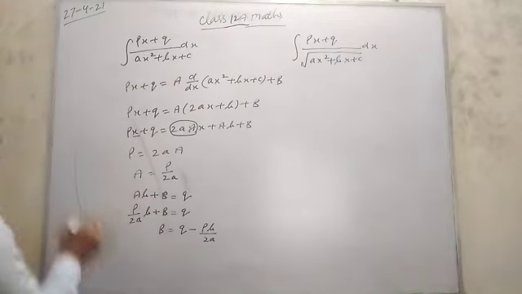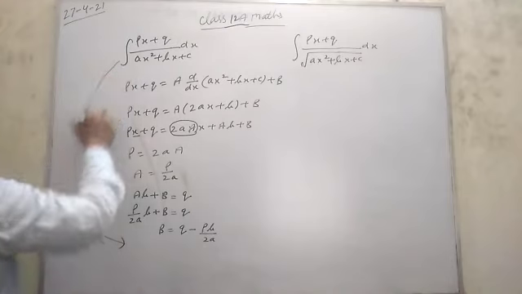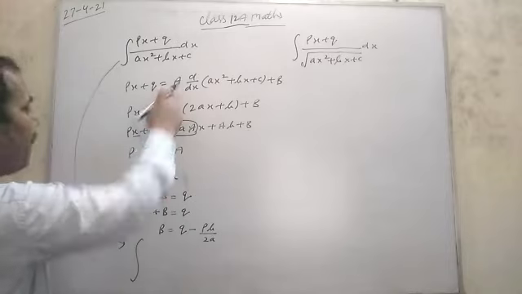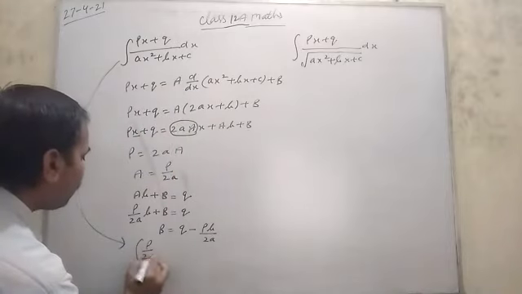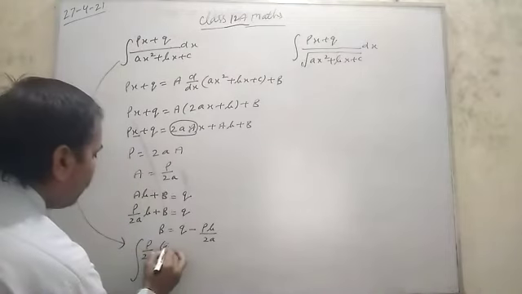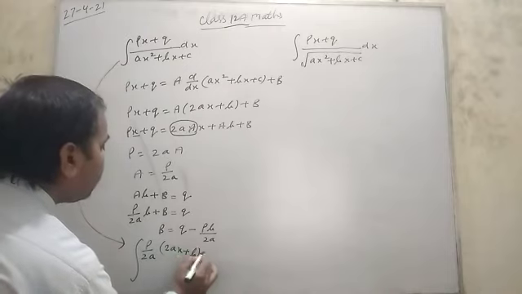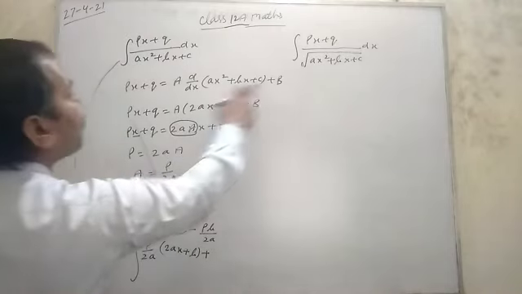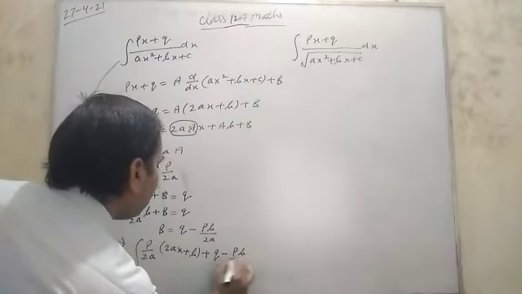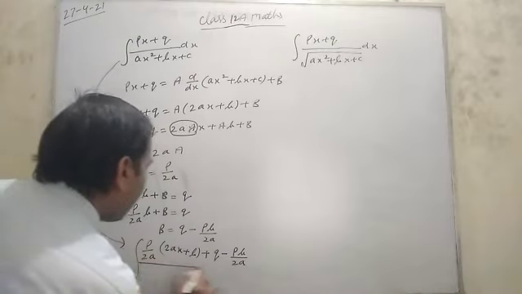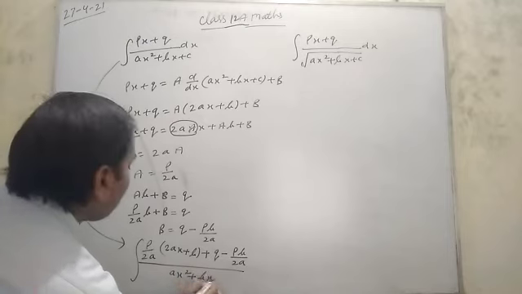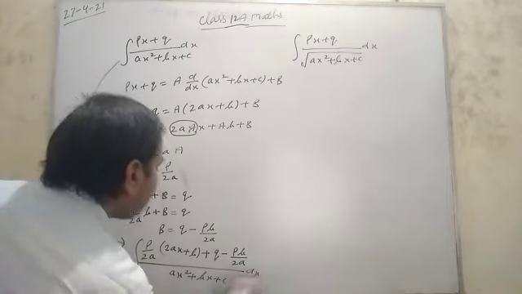After finding this, in place of px plus q we write p upon 2a times the differentiation of this, 2ax plus b, plus q minus pb upon 2a, all upon ax square plus bx plus c dx.